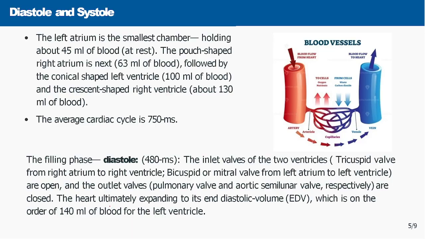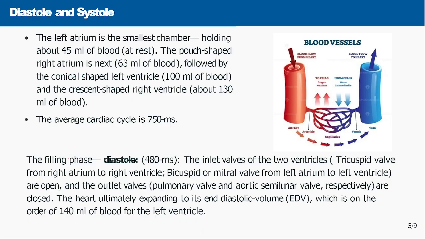Now, coming to two processes: one is your filling phase, another is your emptying phase of the heart. The filling phase is known as diastole and the emptying phase is known as systole. Depending upon diastole and systole, the pressure varies in our heartbeat or heart pumping action.